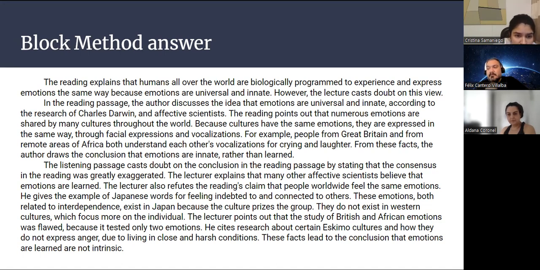The lecturer also refutes the reading's claim that people worldwide feel the same emotions. He gives the example of Japanese words for feelings, like indebtedness, that are connected to others. These emotions, both related to interdependence, exist in Japan because the culture prizes the group.